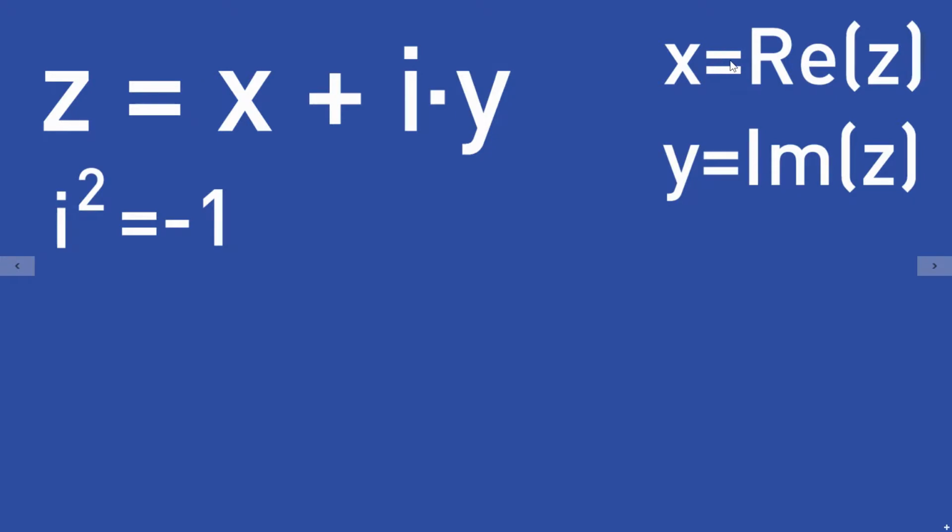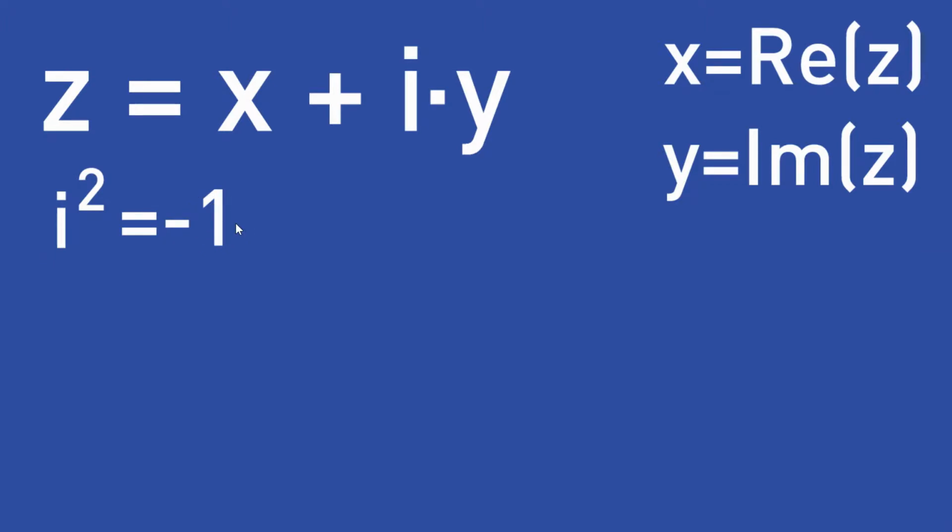You can write it like this here. So x is the real part of z and y is the imaginary part of z, and as I said before, both of these numbers are real numbers. i is called the imaginary unit and it fulfills that i squared is equal to -1.